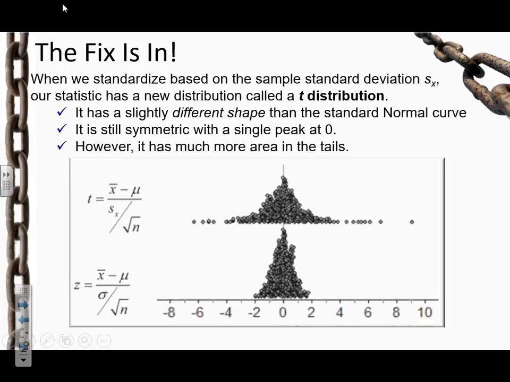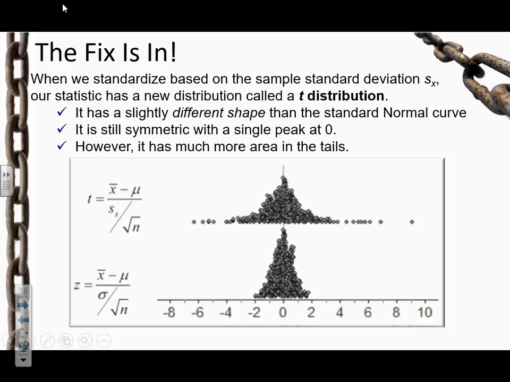However, it's going to have more area in its tails. So what happens here is a t-distribution and a normal distribution lined up side by side from the same information. The normal distribution is going to be more compact. It's going to have less variability. It's also going to have more area towards the center.